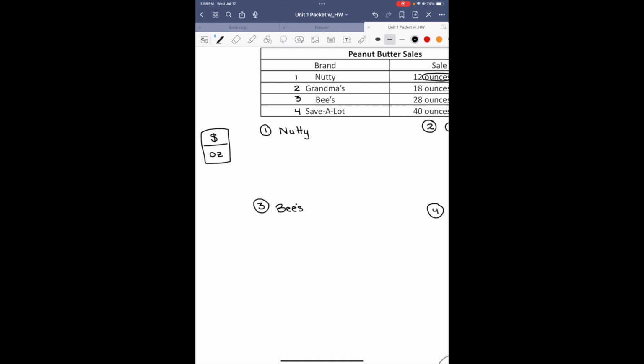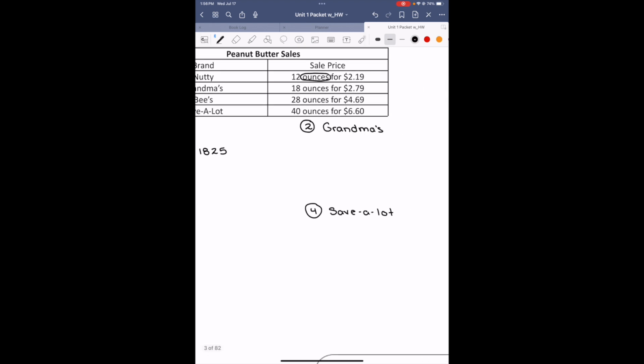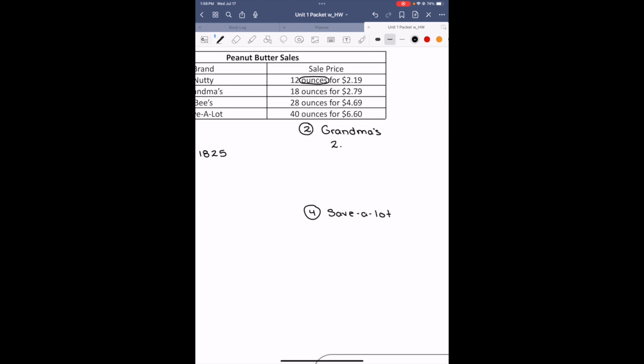Okay, so my Nutty brand is $2.19 for 12 ounces. For just 1 ounce, when we divide, we should get 0.1825. Grandma's, $2.79 for 18 ounces, when you divide, 0.155.